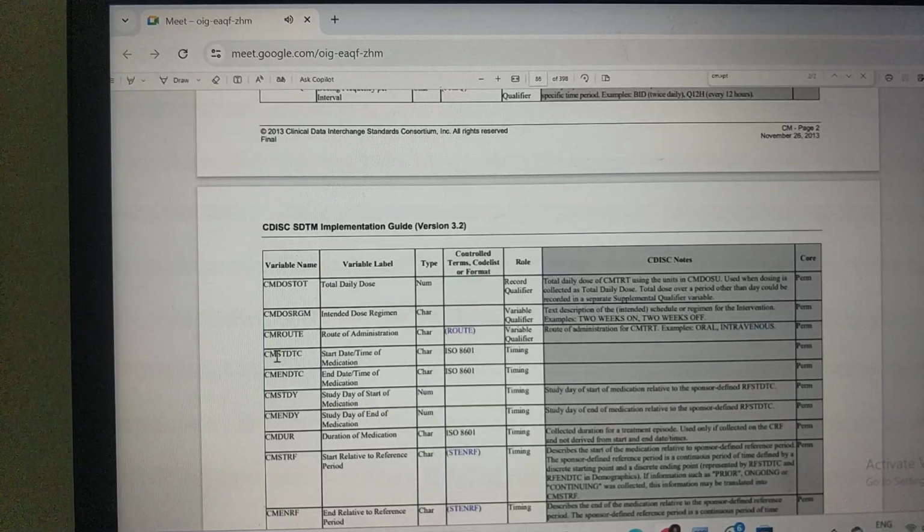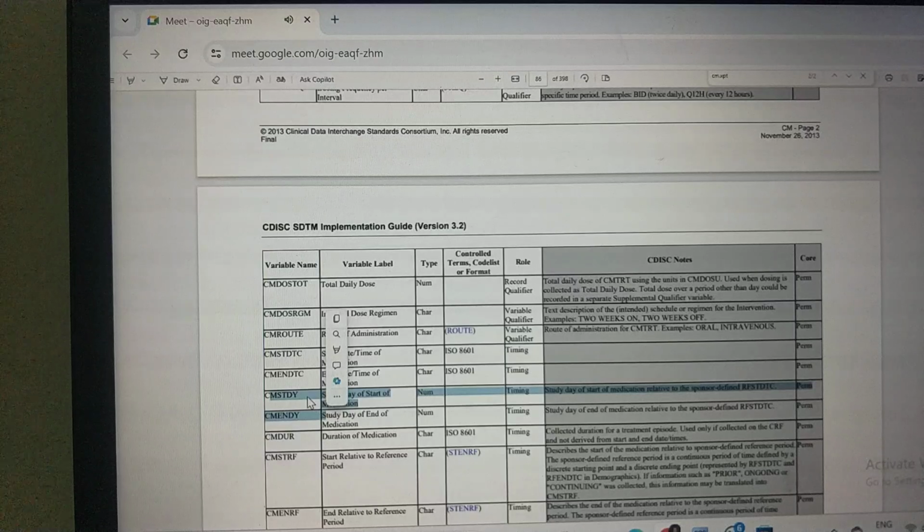And then concomitant medication start date, CMSTDTC, and concomitant medication end date, CMENDTC: when the concomitant medication starts and when it ends. Then CMSTDY, the corresponding study day of the concomitant medication start date, and the corresponding end day with respect to CMENDTC.